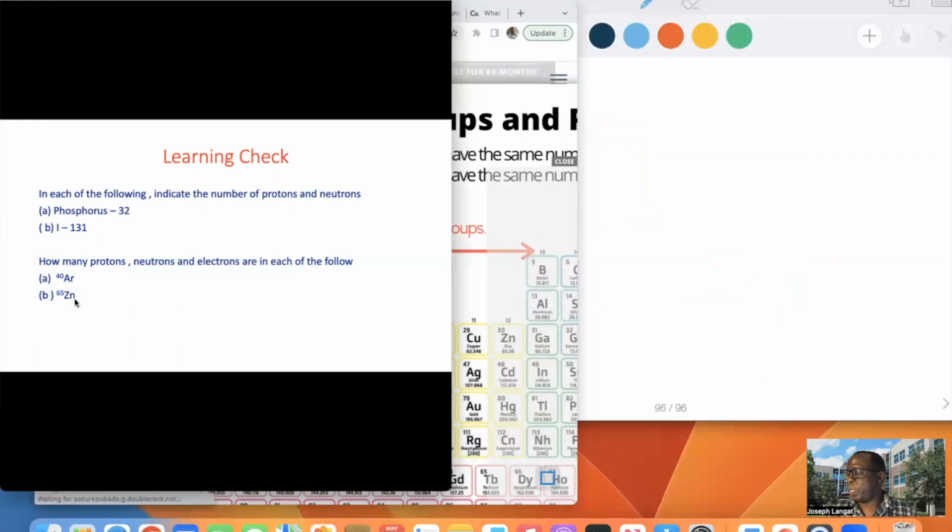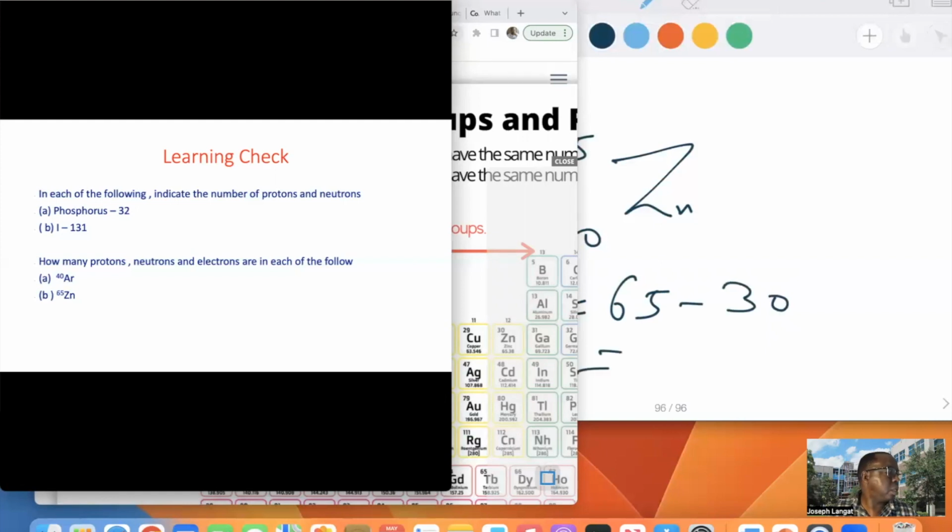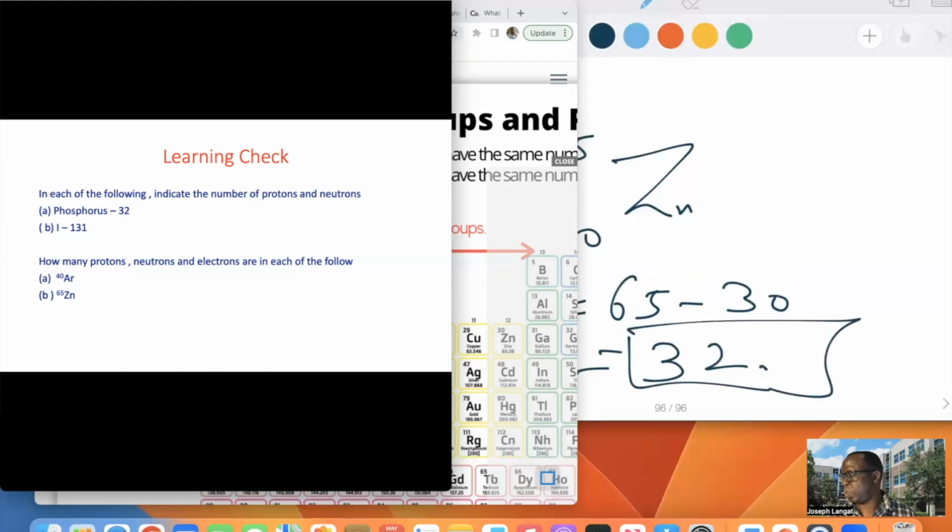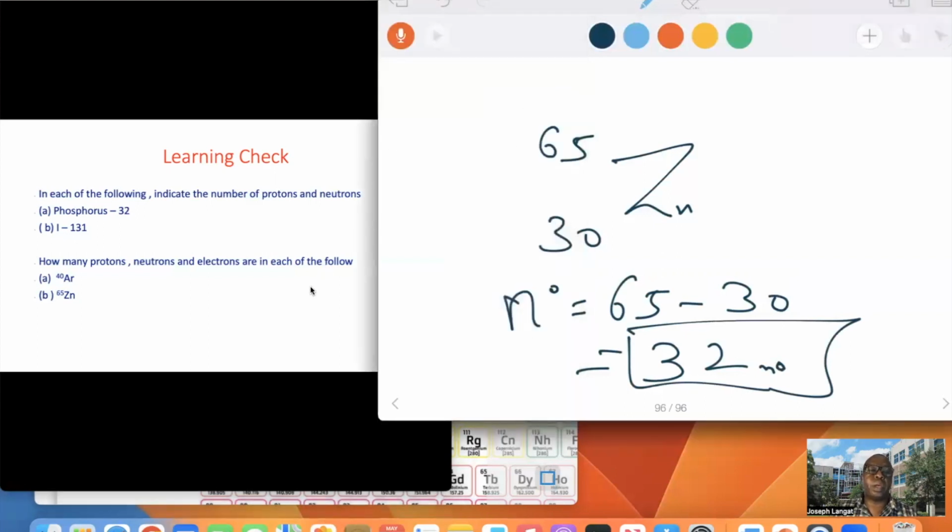So here will be zinc 65 and 30. Neutrons equal 65 minus 30. This is 35. Just the way I did the rest, you'll do the same thing for that too.